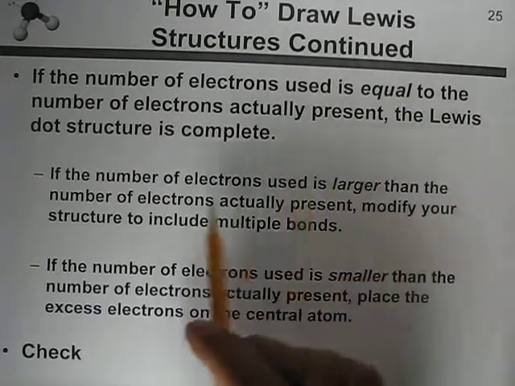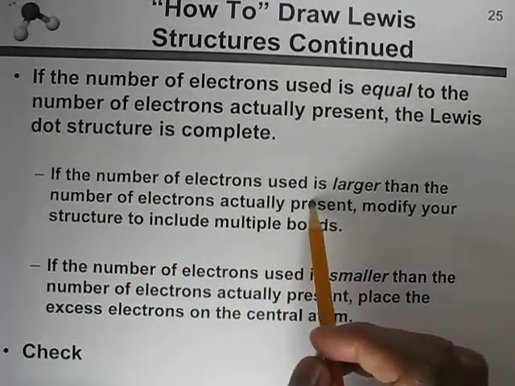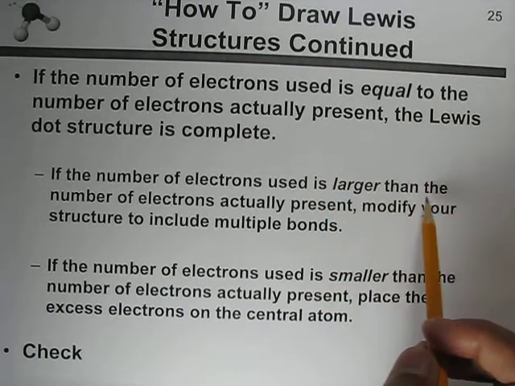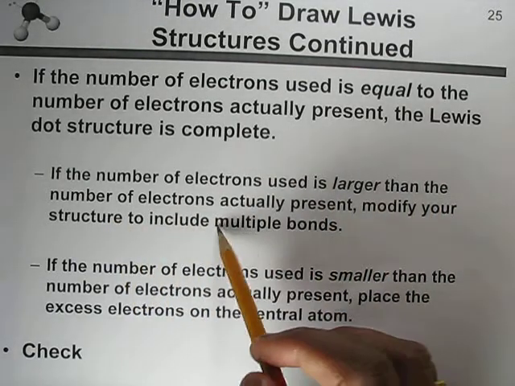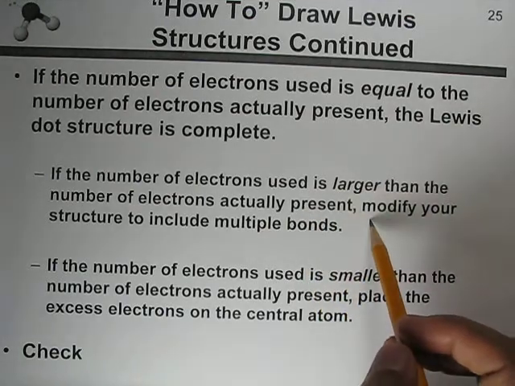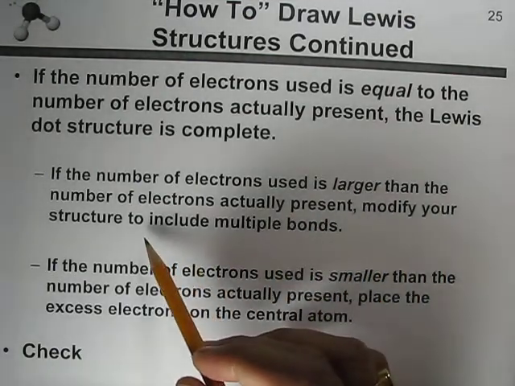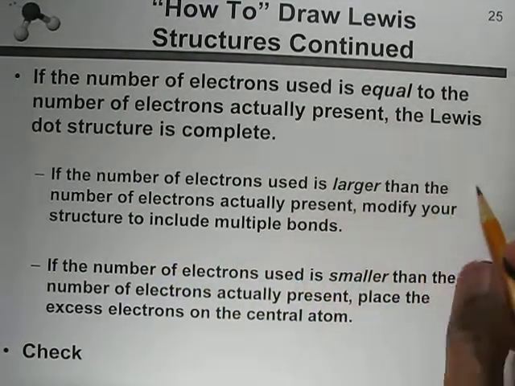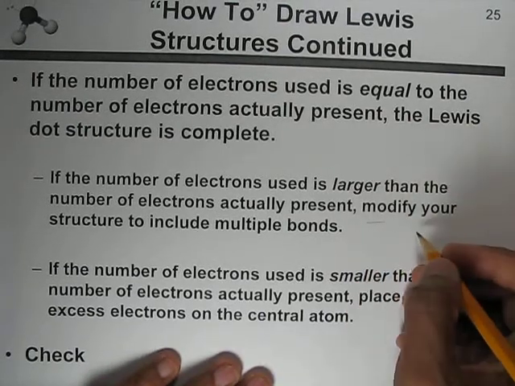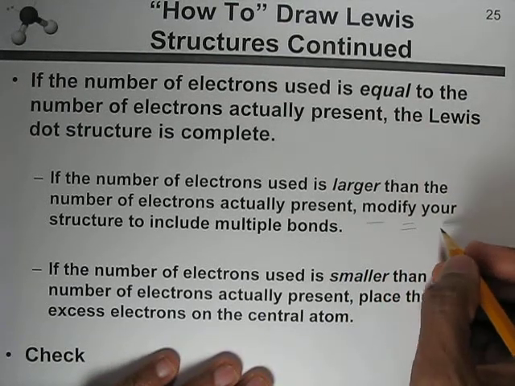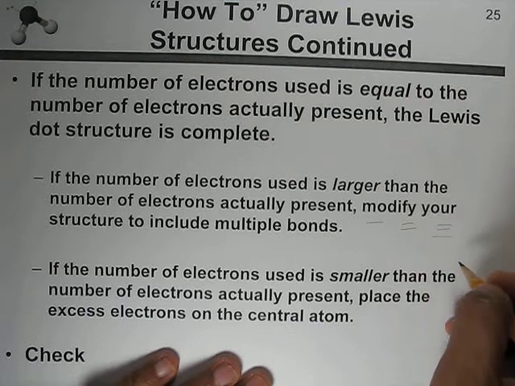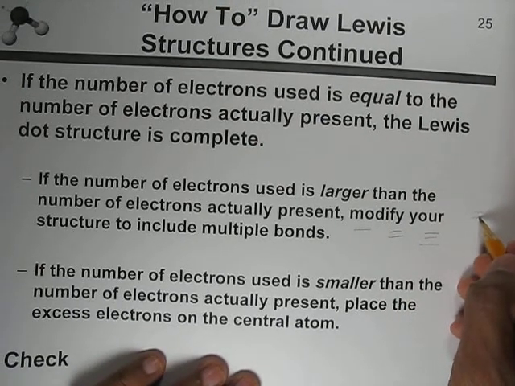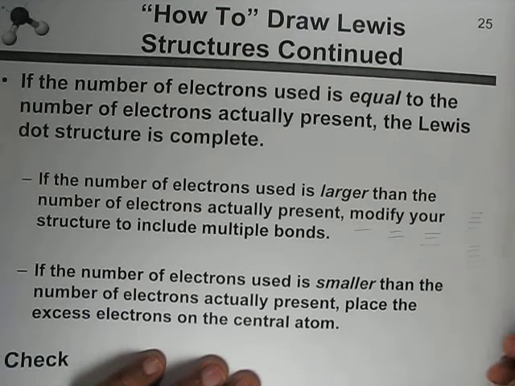But if the number of electrons used is larger than the number actually present, you have to modify your structure to include multiple bonds. Then rather than a single bond, there might be a double bond or a triple bond. There is no such thing as a 4 bond or 5 bond, only single, double and triple bonds.